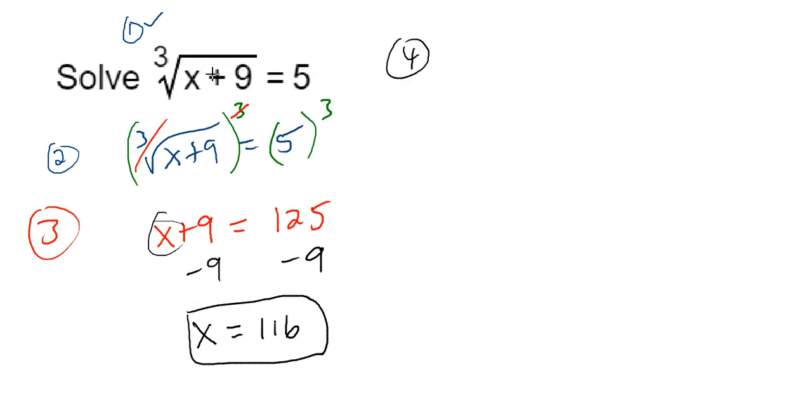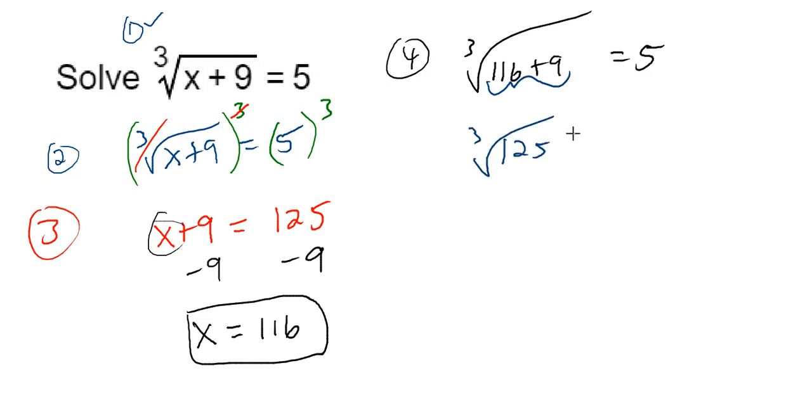So we're going to plug this back into the original equation. We'll have the cube root of 116 plus 9 equals 5. 116 plus 9 is going to give me 125. And the cube root of 125 is actually 5. So we do get 5 equals 5. So 116 is a valid solution.